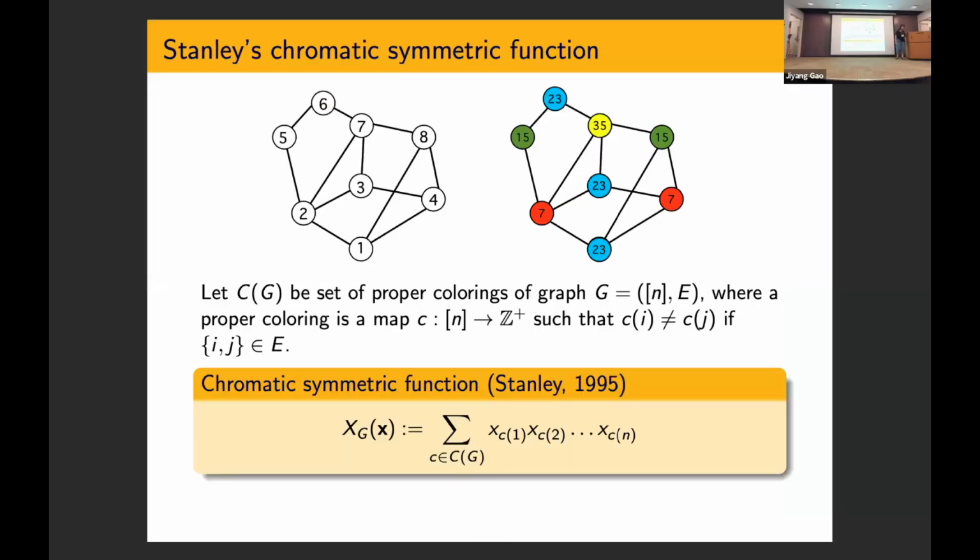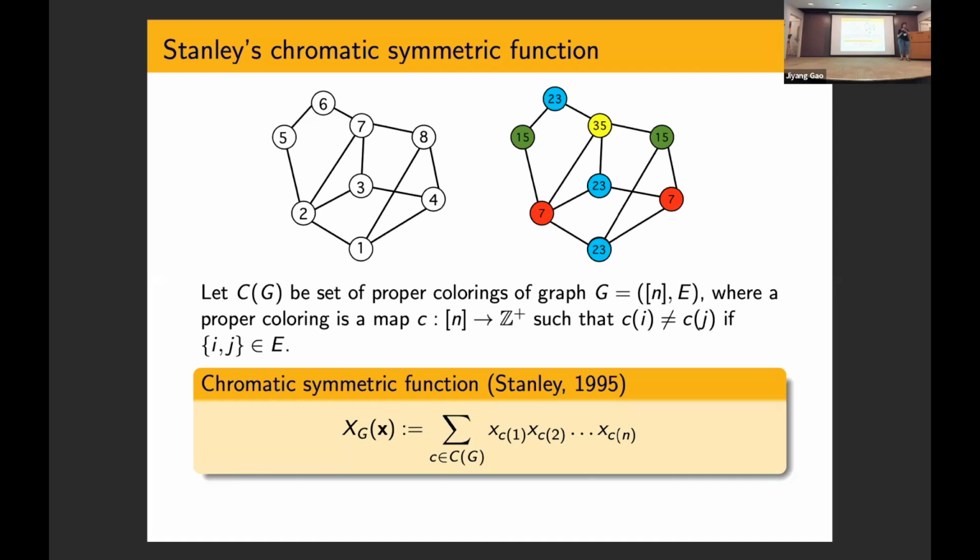So Steph already talked about Stanley's chromatic symmetric function. You don't have to spend much time on the slide. Colors are numbers. So 7 is for red, 23 is for blue, and so on. It doesn't matter.